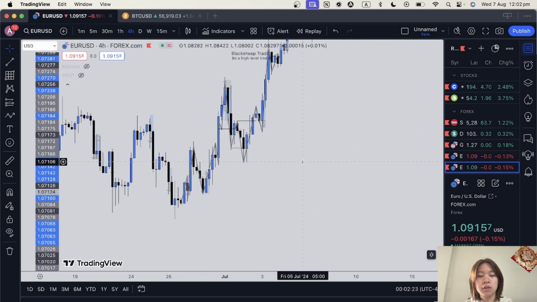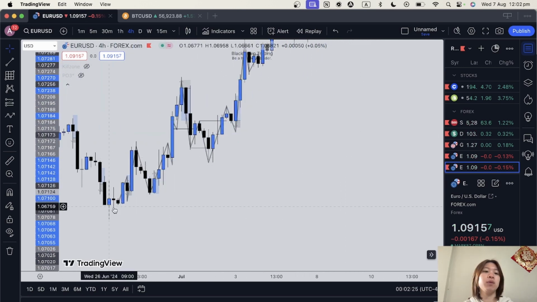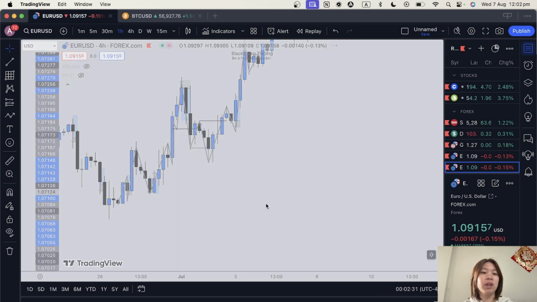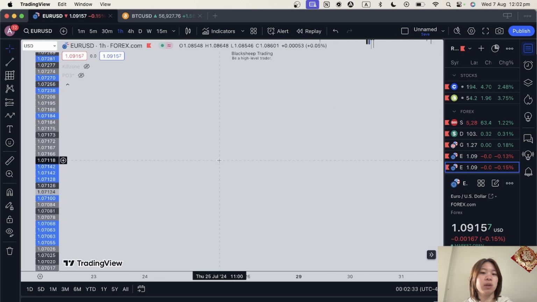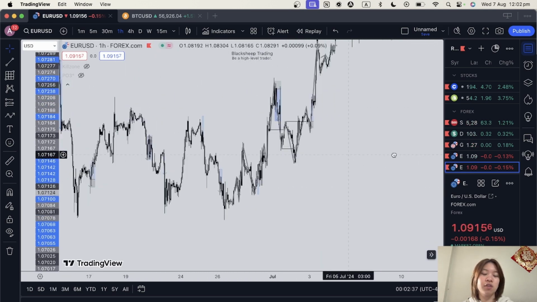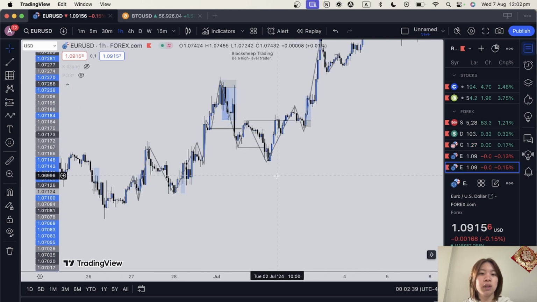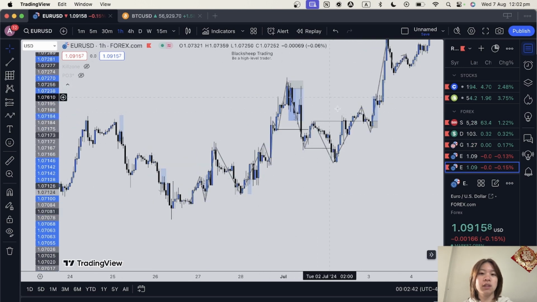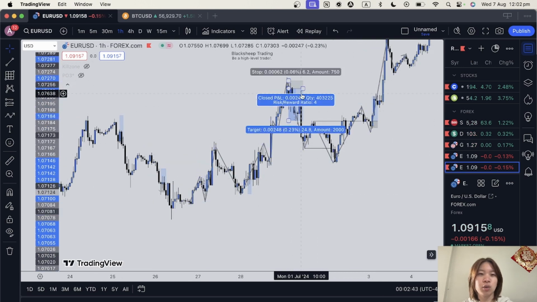Yeah, so as you guys can see here on the higher time frame, it was just up, down, up, down, up. So this leg here was just a retracement, but on the 1 hour that would be considered a market structure shift. So that's how you can get different entries, and that's how you can also short in a period where it is bullish. As you guys can see, I did short there as well.